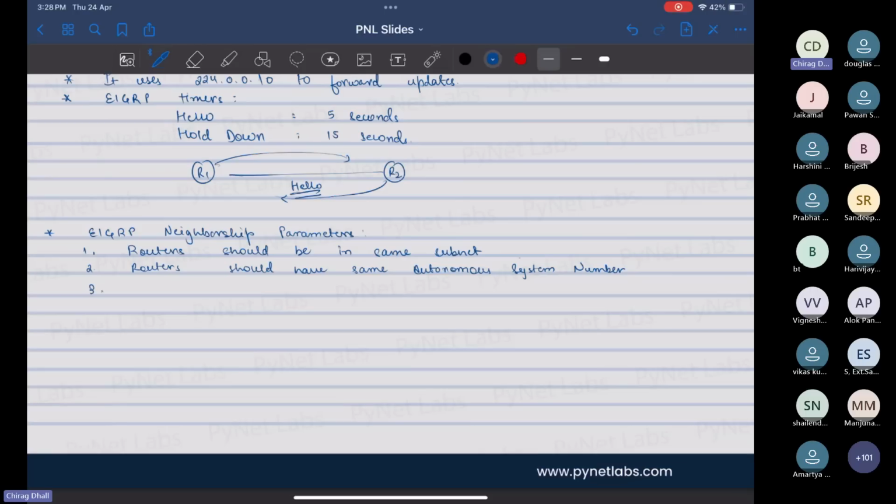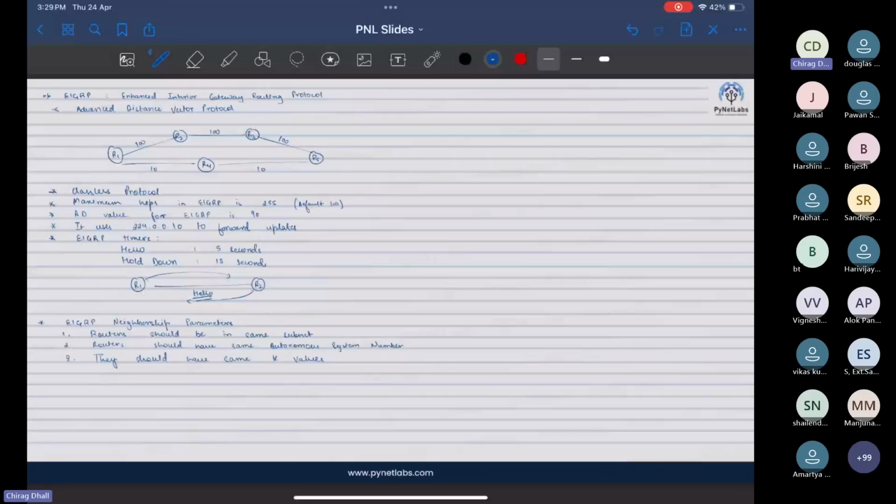Then finally, the third thing is they should have same K values. K values are used for calculating metric. Later on, we are going to speak about it. As of now, just understand that these are the requirements for building EIGRP neighborship between two devices.